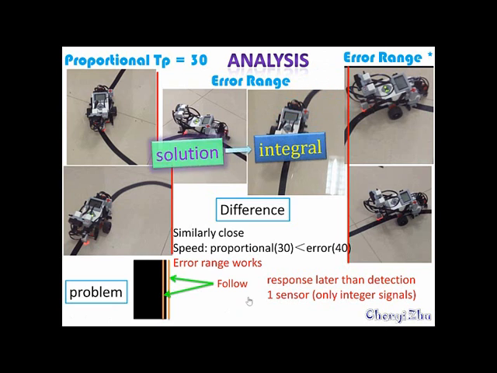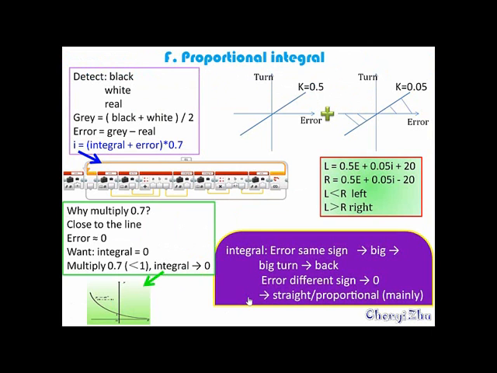Our strategy is the integral. We add the integral to the previous model, and this screenshot shows how to calculate it. You may wonder why multiply by 0.7.